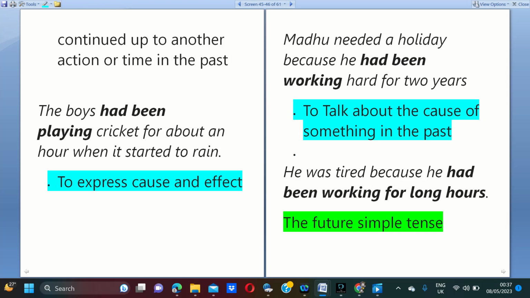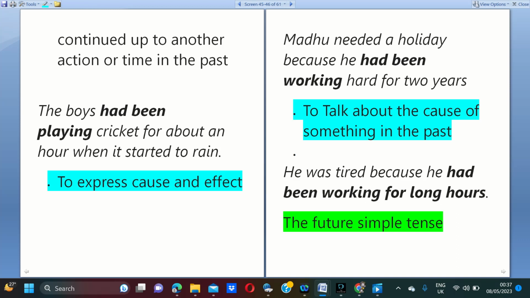Up to that point of time, the boys had been playing cricket. After the rain, they stopped playing cricket. They left cricket and went to their homes. That is the meaning of this one.